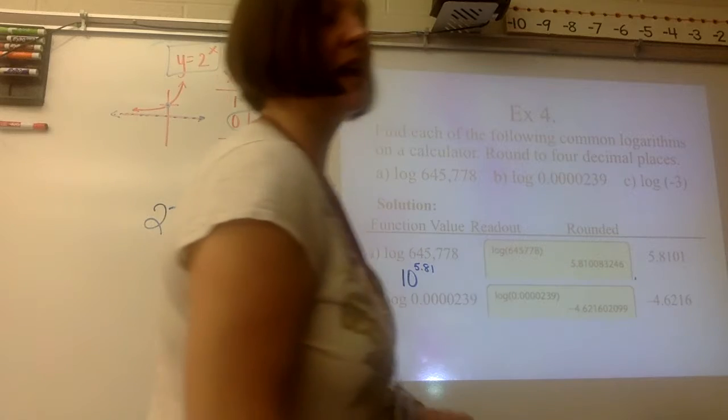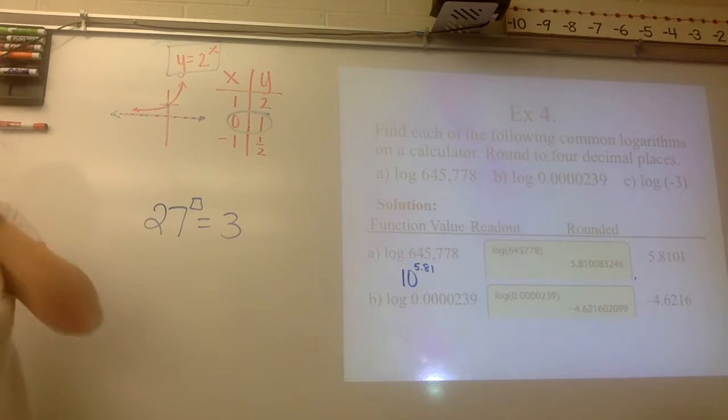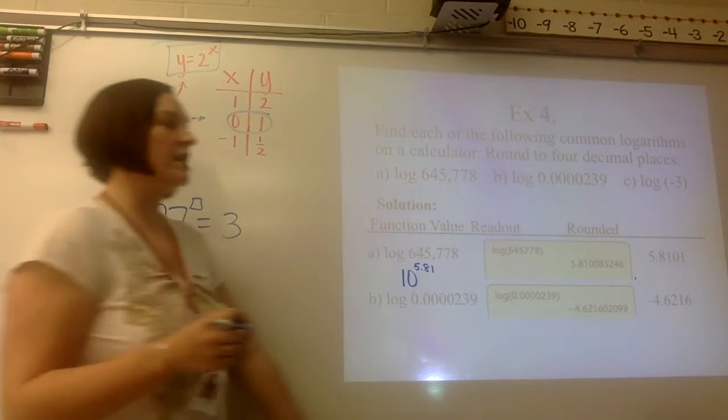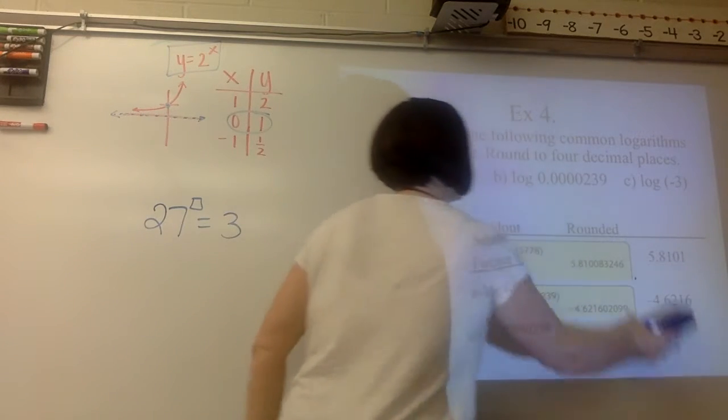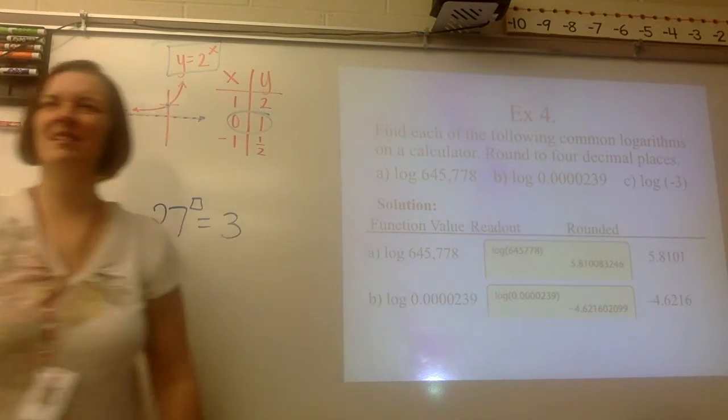If I do that for the second one, you can write this answer down. Log of 0.40239. The answer comes out to -0.6216. Here's my question for you. Why does it make sense that that's a negative?